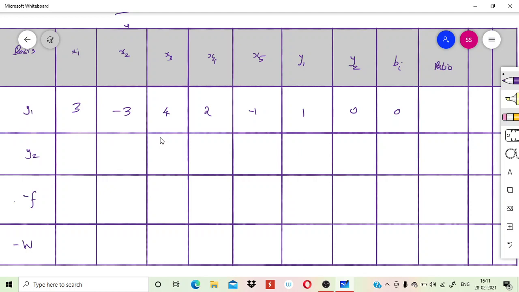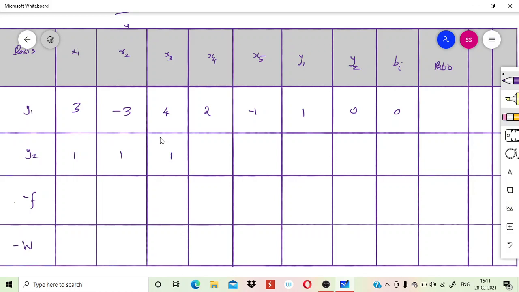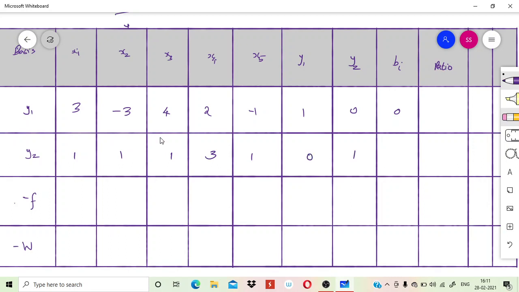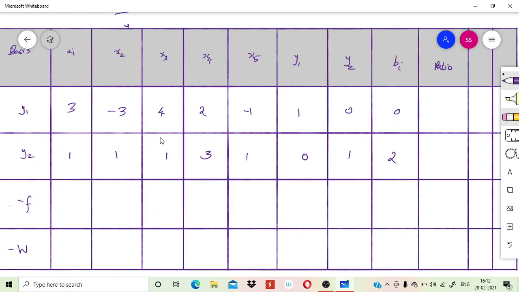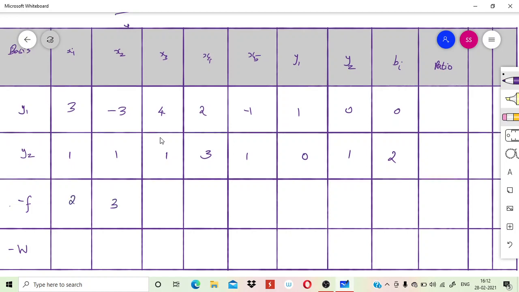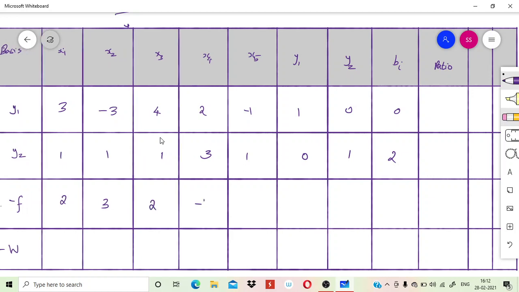And y2: 1, 1, 1, 3, 1, 0, 1, then 2. Then minus f, we have 2, 3, 2, minus 1, 1, then all zeros.